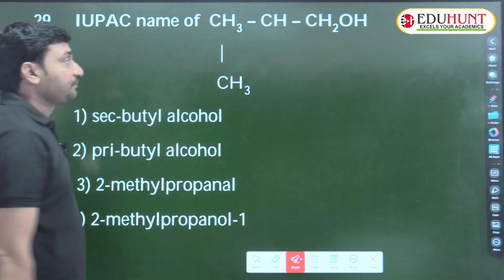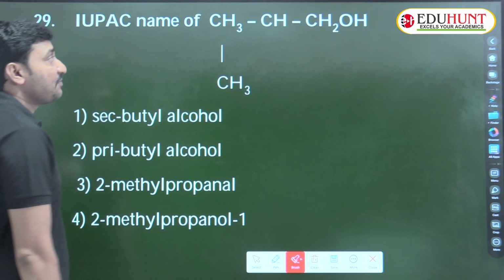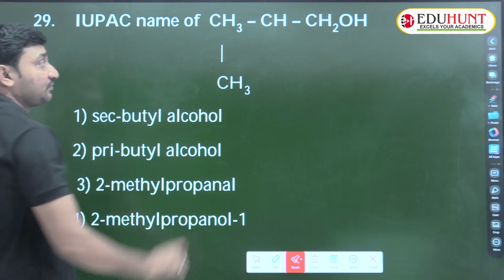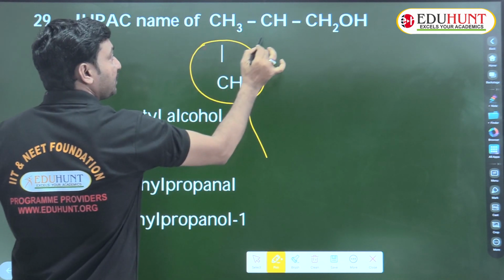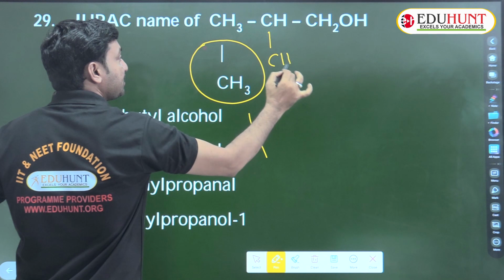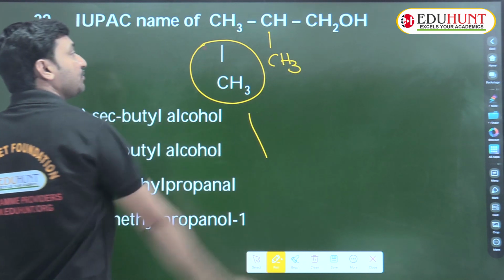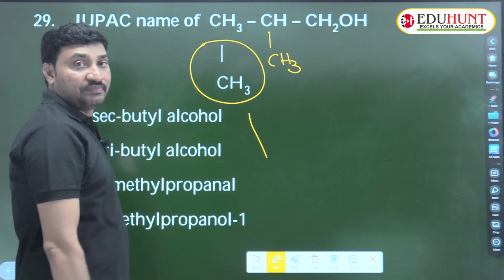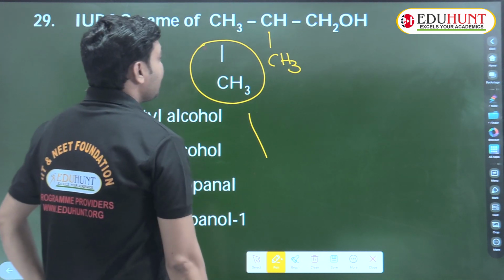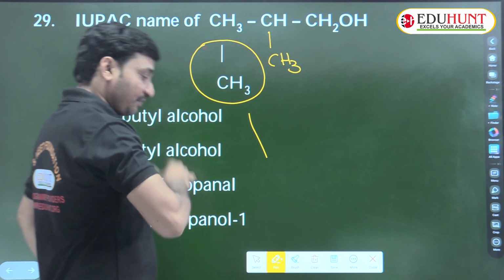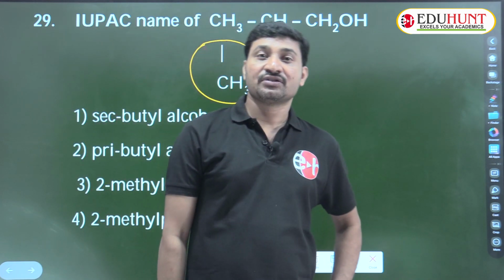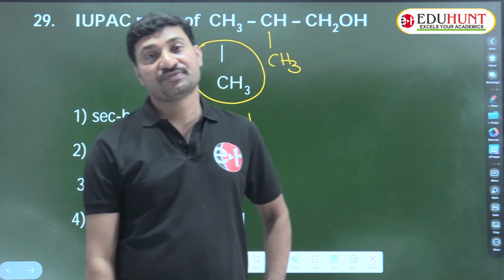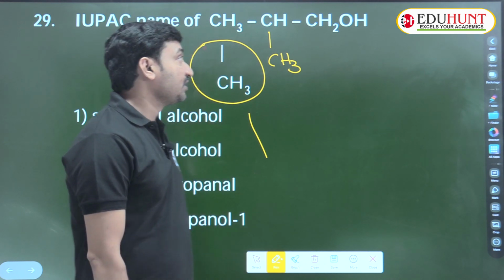See this question. IUPAC name of the given molecule. This methyl group here is actually a printing mistake. While finding the IUPAC name, we should identify any functional group, multiple bonds, or substituent in the compound.